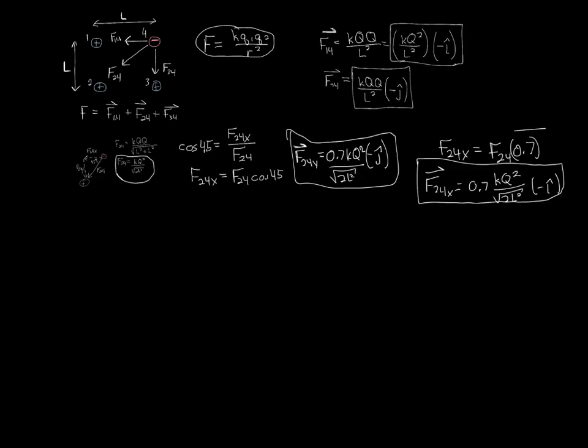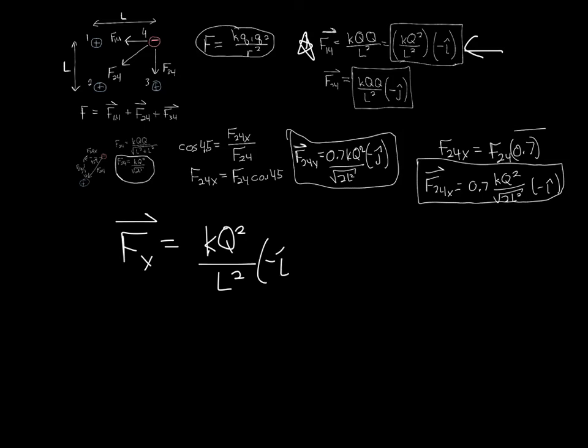And now, to get my final answer, I go right back to my very initial equation. My total force is the vector sum of all the forces that I have acting. So anything that's going in the x direction, I can add together to give me a total force, let's say, in the x direction. And that's going to be equal to F14. If we remember, F14 was acting entirely in the x direction. So it's going to be k times q squared over L squared in the negative i hat direction.